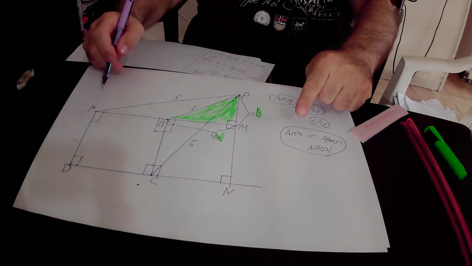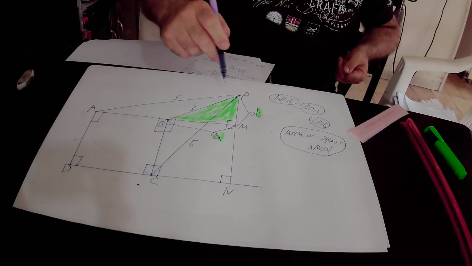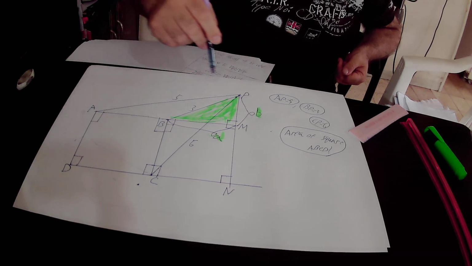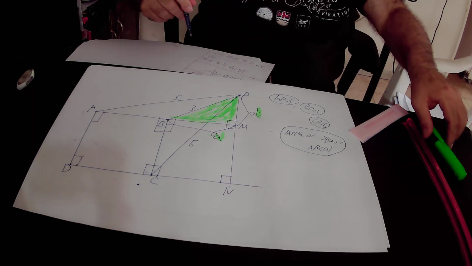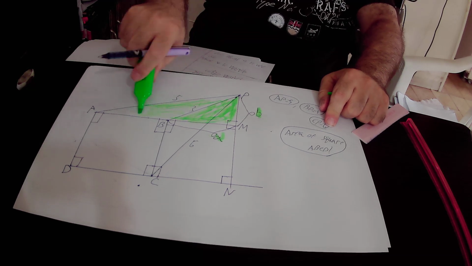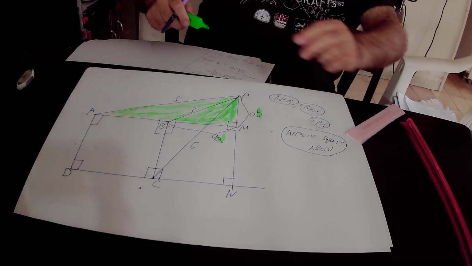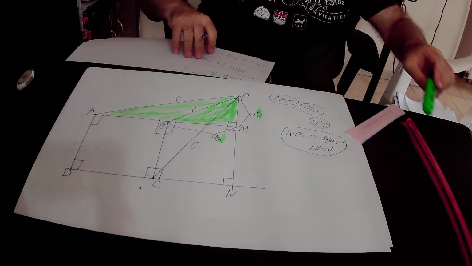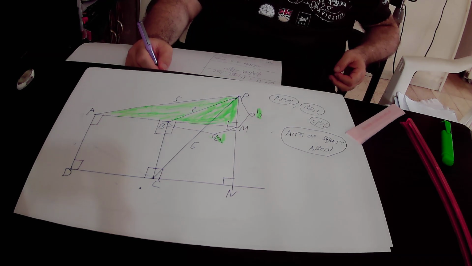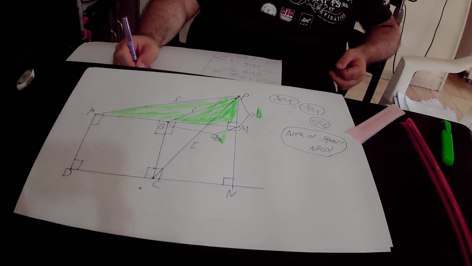If line segment AM is a straight line, it means that angle APM must be a right angle. Angle APM is a right angle, therefore we will implement the Pythagoras theorem, PT for short, on the right green triangle APM.